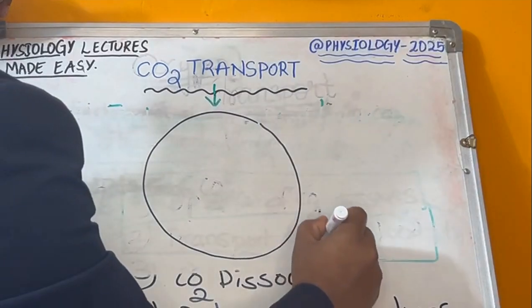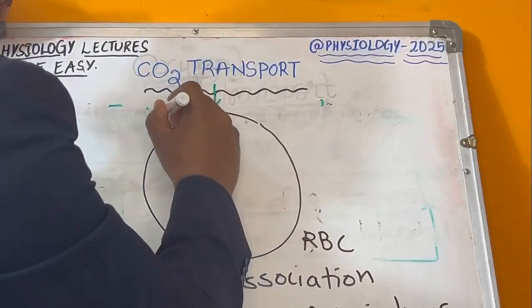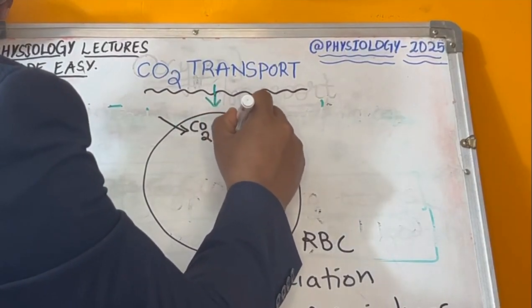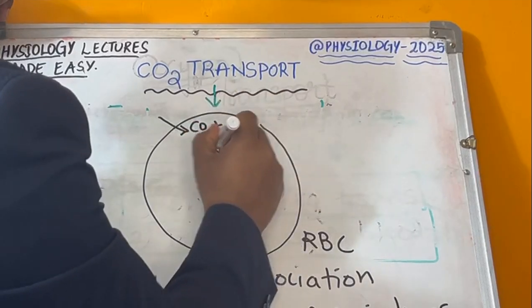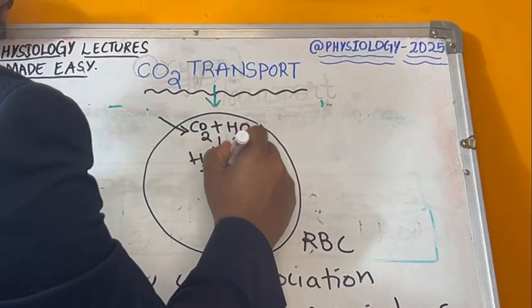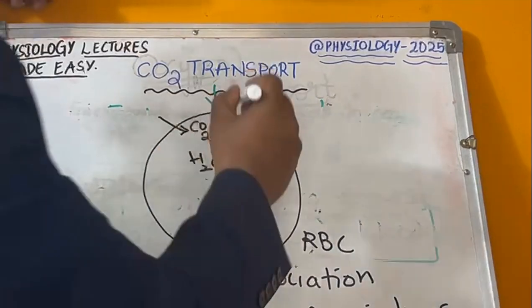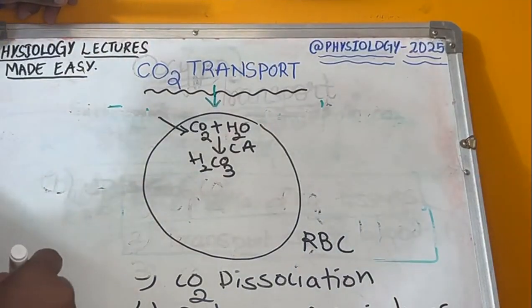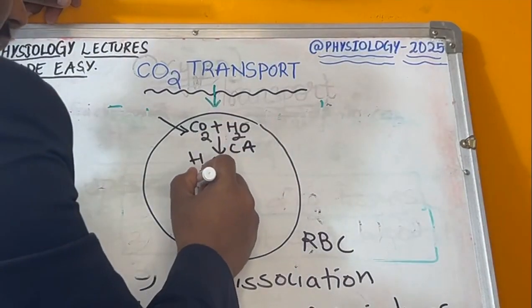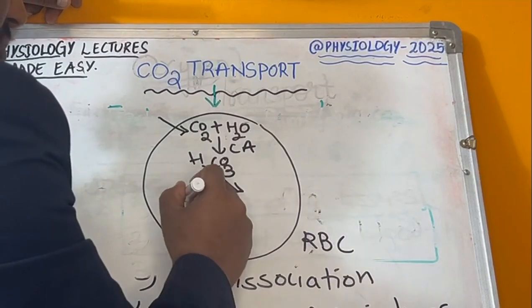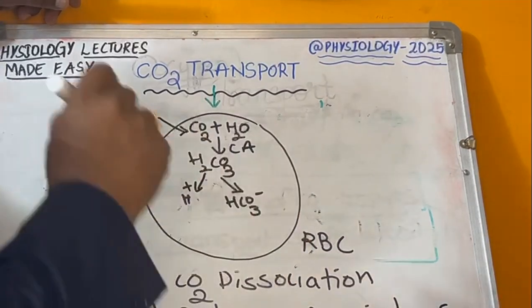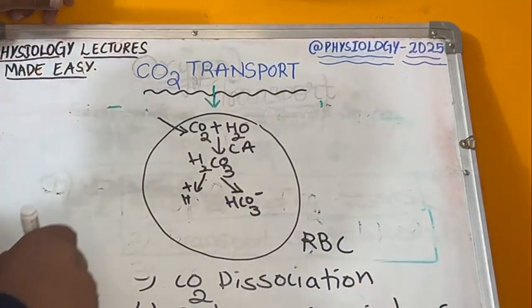Carbon dioxide enters the RBC, binds with water and forms H2CO3, called carbonic acid, in the presence of the enzyme carbonic anhydrase. This carbonic acid dissociates into H plus and HCO3 minus. The HCO3 minus is called bicarbonate.